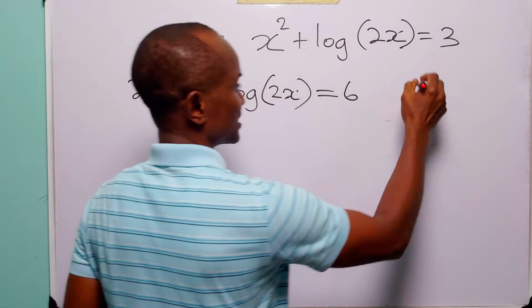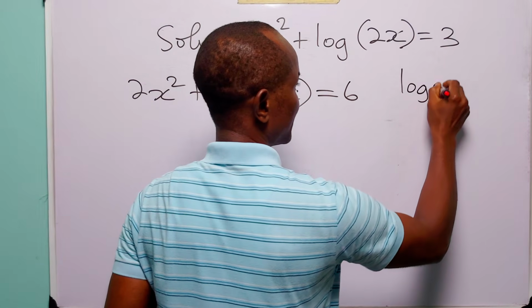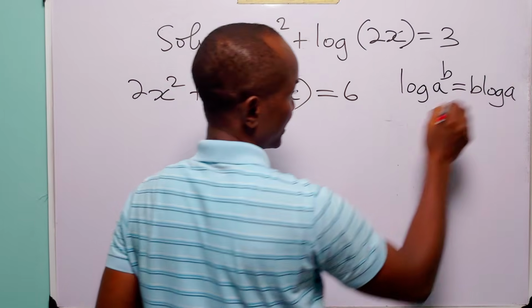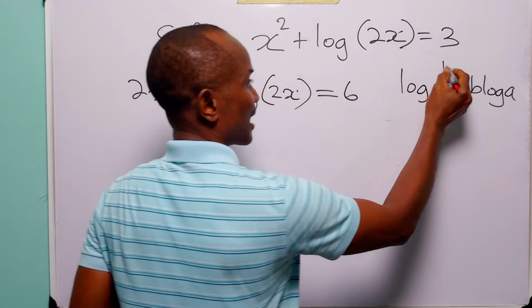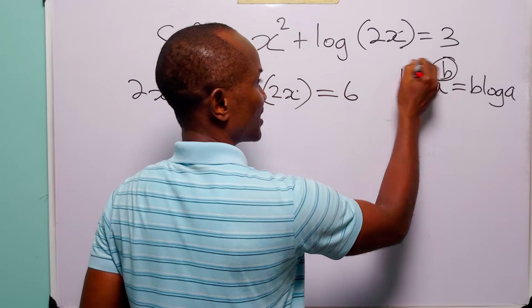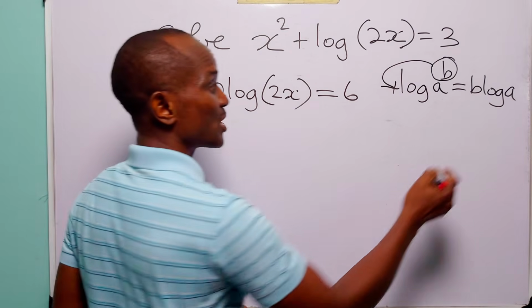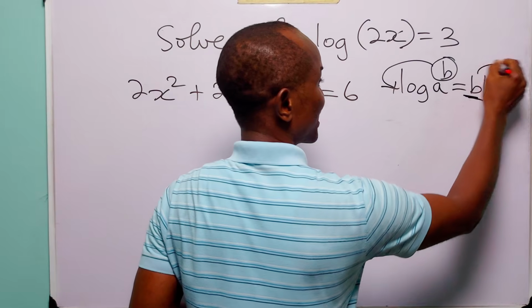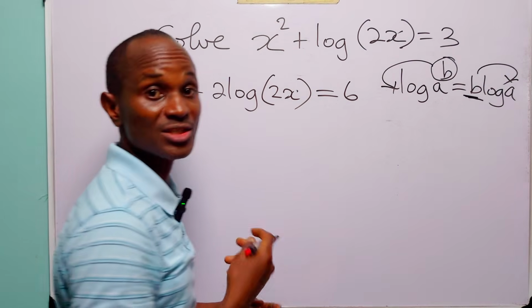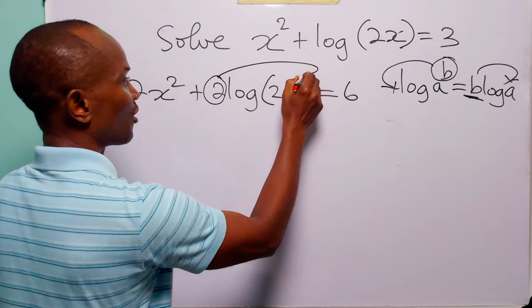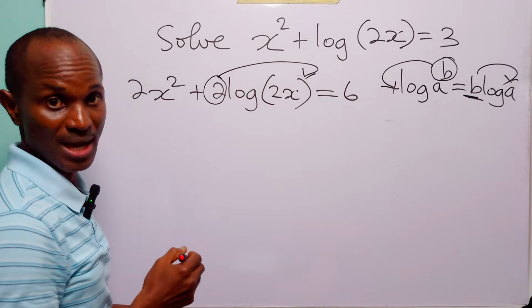Remember that the power rule says that log a to the power b is equal to b times log a. The same way that we can bring down the exponent of a to the front to become a multiplier is the same way that we can take up this multiplier to become the exponent of a. So in this case, we are going to take up 2 to become the exponent of 2x.